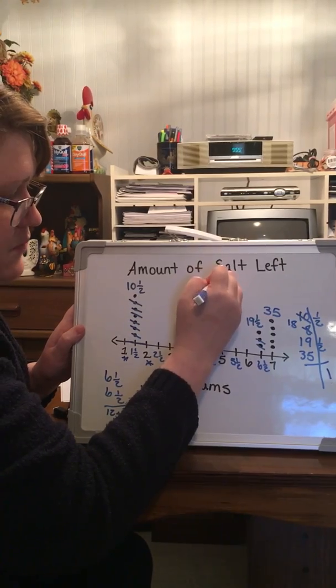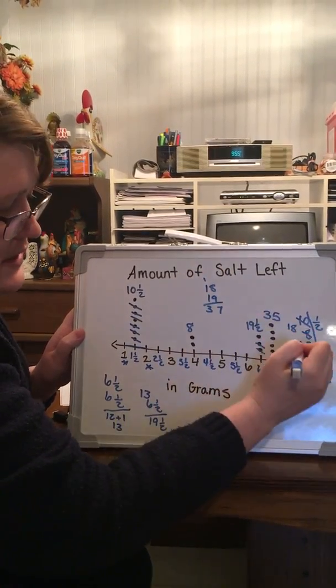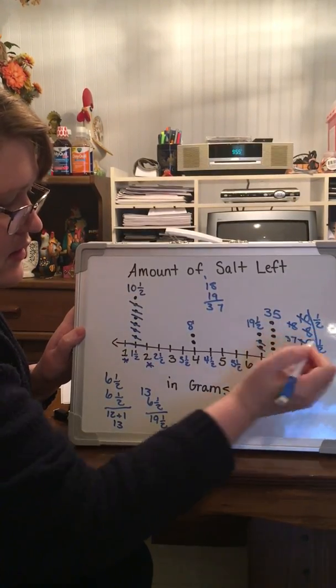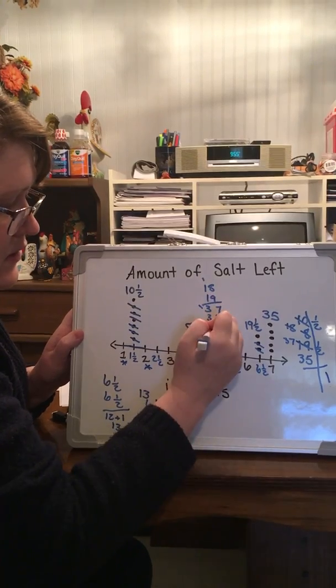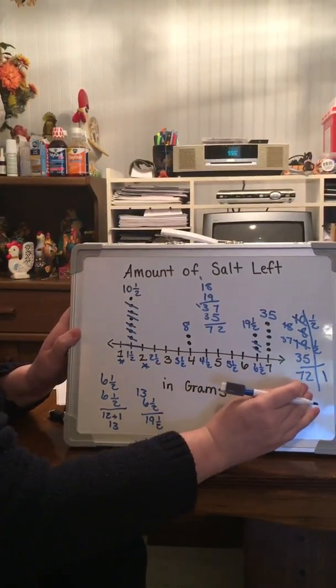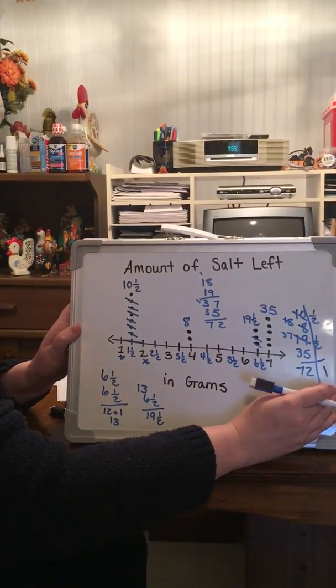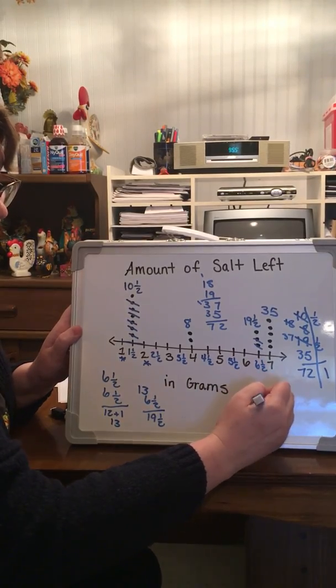Okay? 18 plus 19 equals 37. And then 37 plus 35 equals 72. So on this side I have 72, and on this side I have 1. Well, what would be the total amount of grams left? 73 grams.